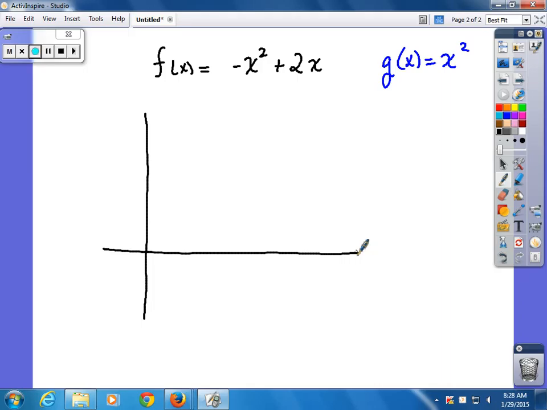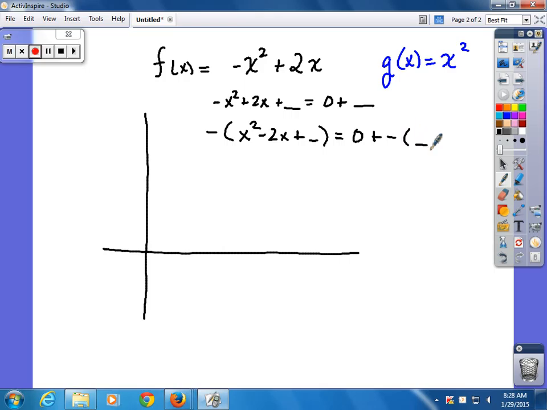Negative x squared plus 2x, just complete the square. Negative x squared plus 2x plus blank is equal to 0 plus blank. And factor out the negative, that'll give you x squared minus 2x plus blank is equal to 0 plus negative whatever that is. Half of 2 is 1, right?